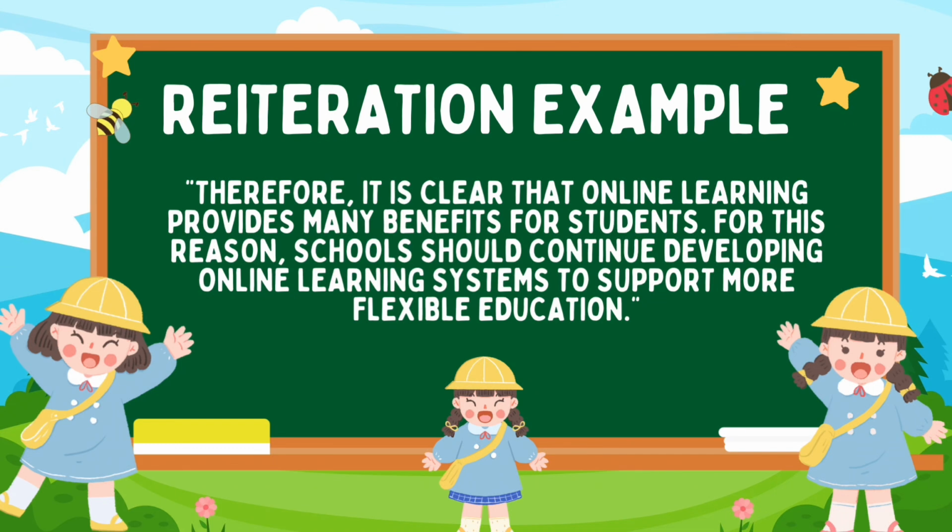Reiteration example. An example of reiteration is: Therefore, it is clear that online learning provides many benefits for students. For this reason, schools should continue developing online learning systems to support flexible education. This conclusion reinforces the writer's viewpoint effectively.